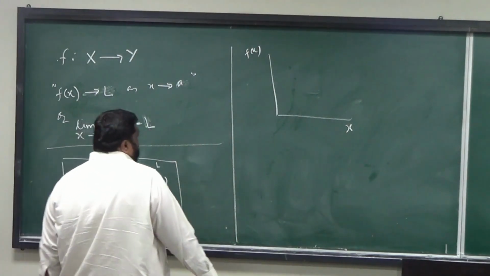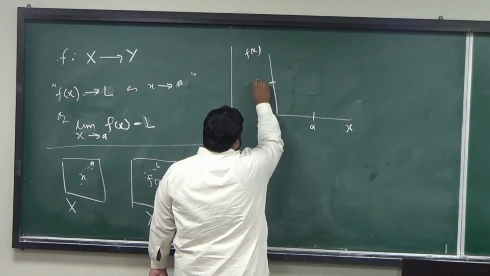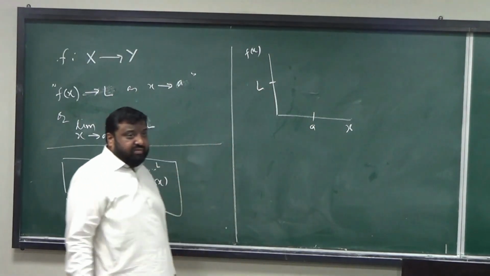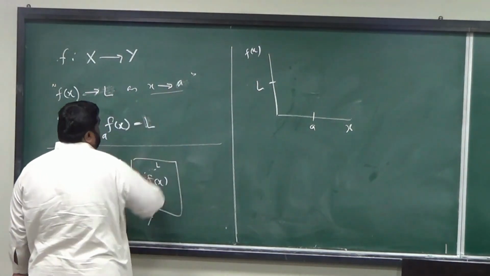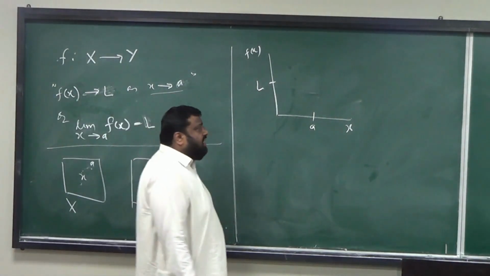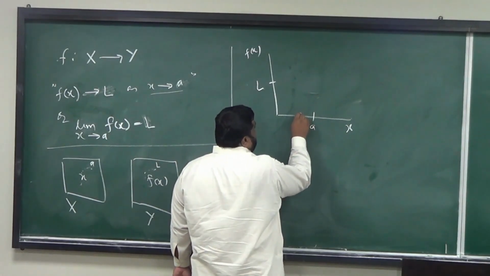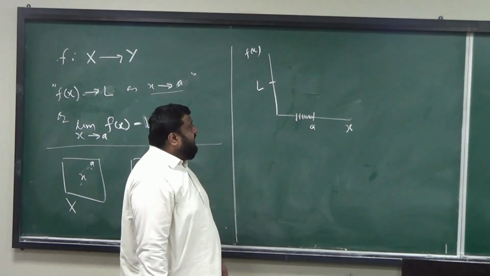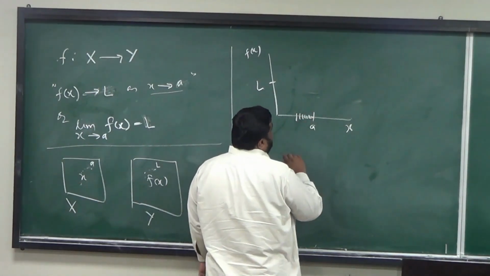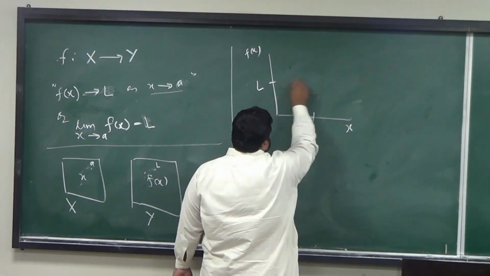And you can place some point here, and L is some point here. Okay. So what is the meaning of x approaches A? Okay, we can interpret it that x is getting closer and closer and closer to A. And in response, if A is this, then f of A is somewhere here.